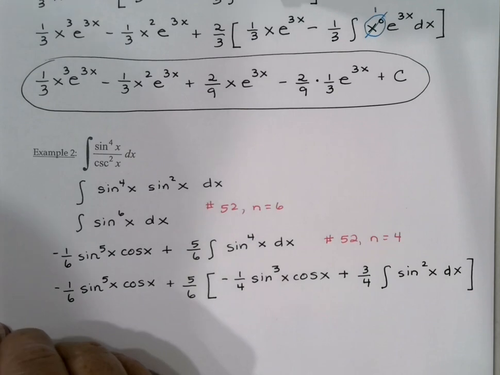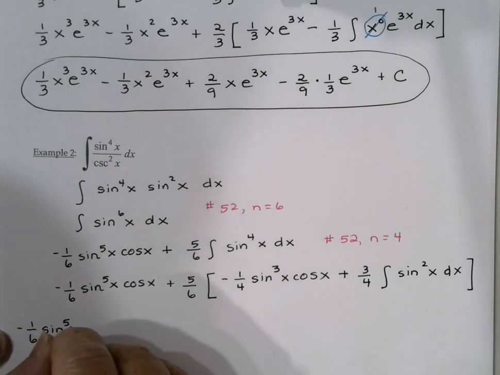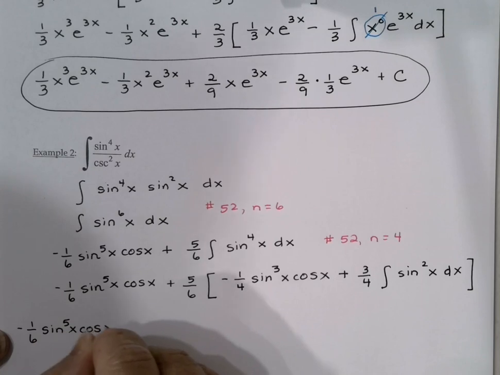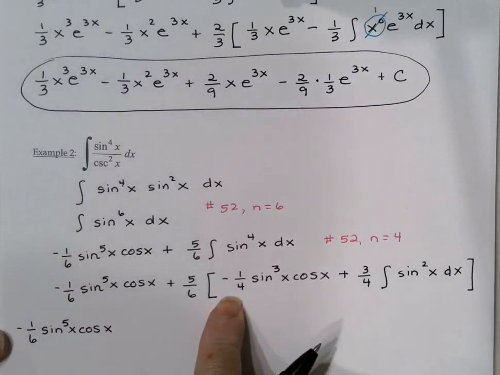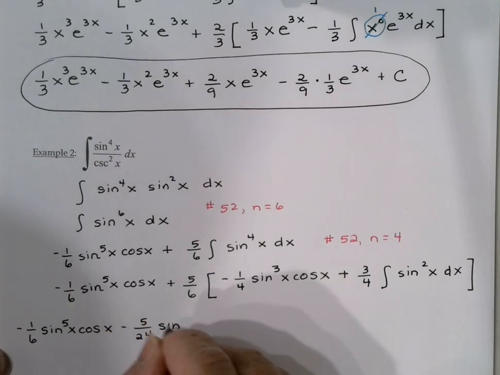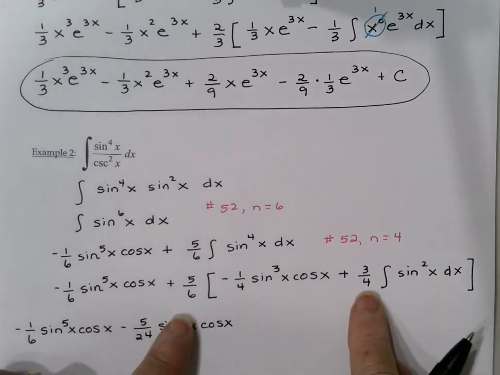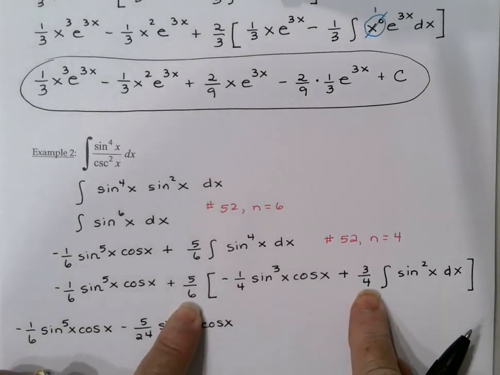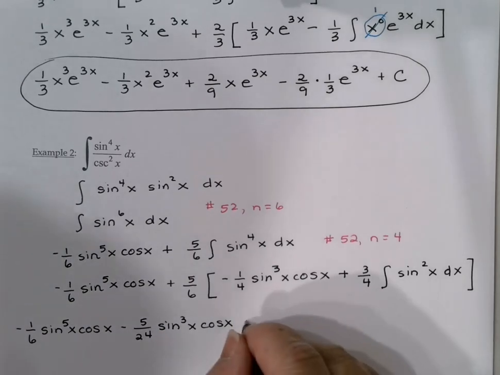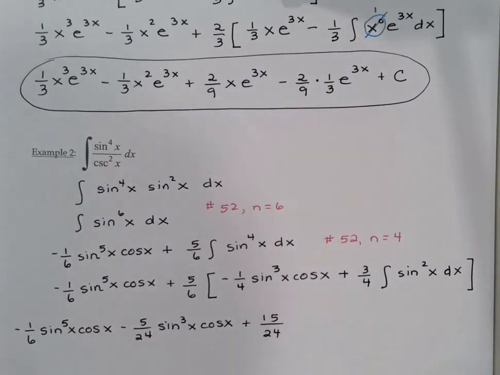So, write down what I've got here. That's going to be a negative 5/24. And that's going to be a positive 15/24. Guess I could have reduced that, but I think there'll be one more step.